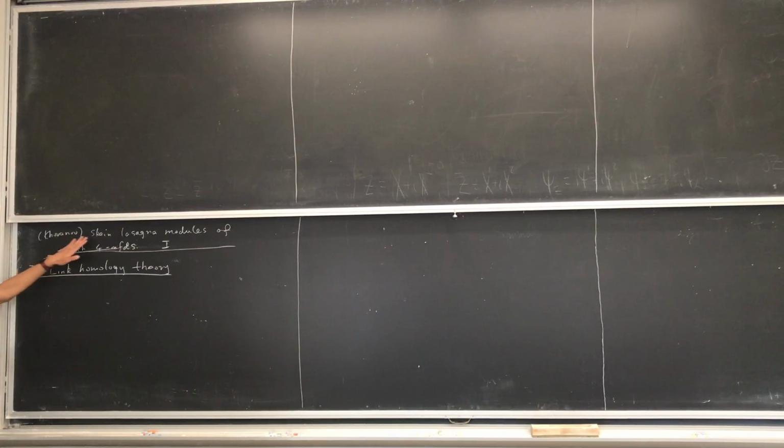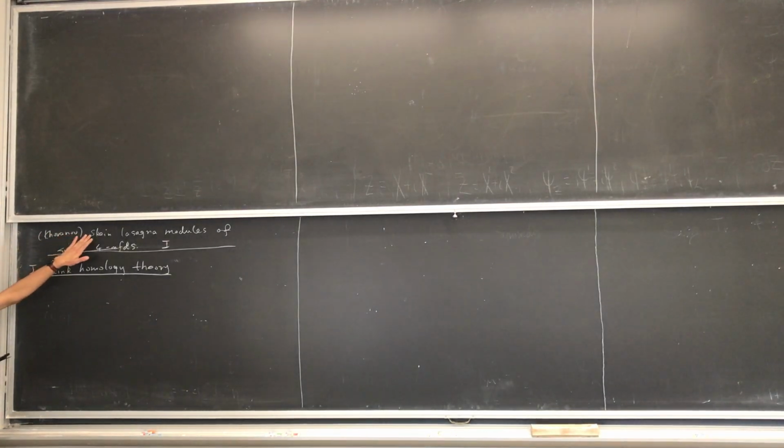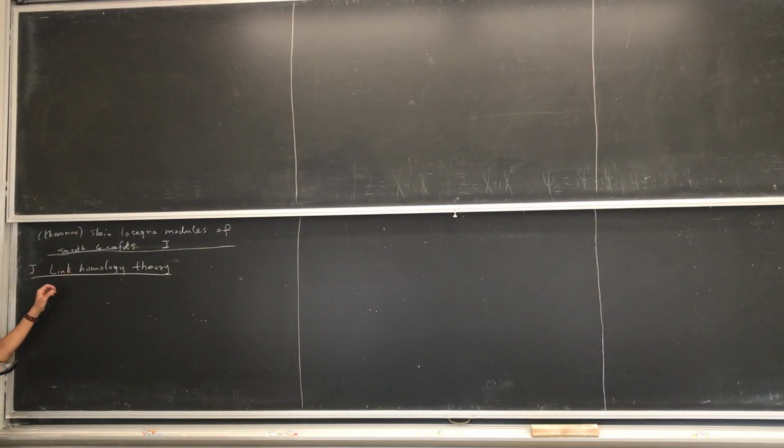If you don't know skein lasagna modules yet, you can think of it as a package of upgrading a link homology theory to four-manifold invariants. And I will make that precise, but let's first talk about link homology theory.